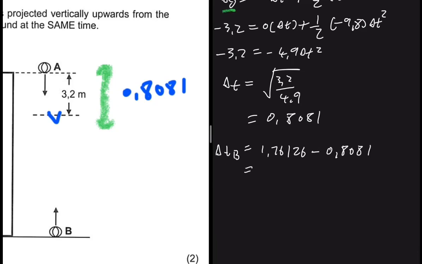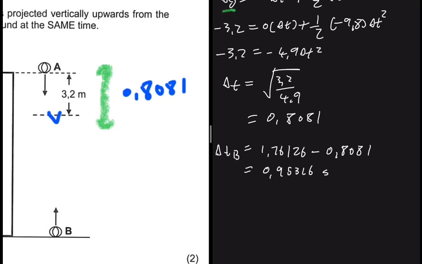Let me put that in my calculator. I'm getting 0.95316 seconds. That is the total time for ball B.